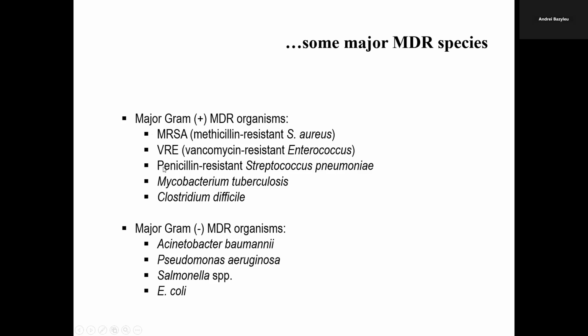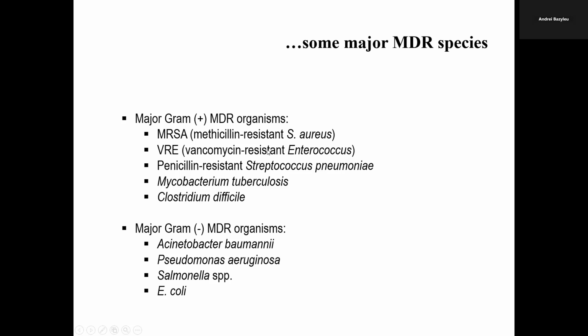VRE, vancomycin-resistant Enterococcus. Vancomycin was actually the drug that was introduced to fight MRSA, and it did so efficiently, successfully, but eventually, as you can see, bacteria, Enterococcus specifically, came up with mechanisms which made vancomycin also not so effective.